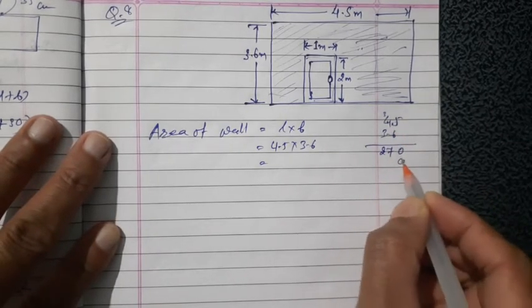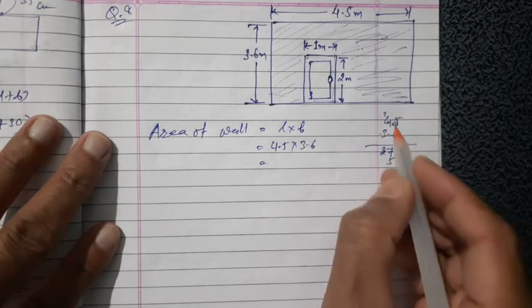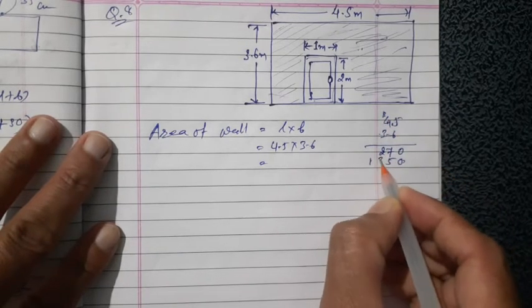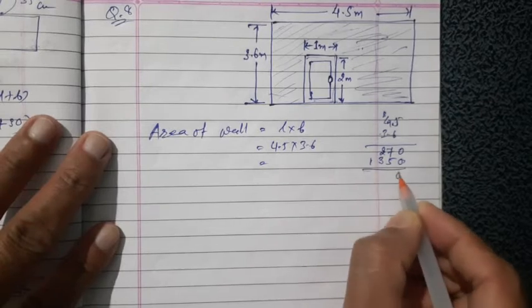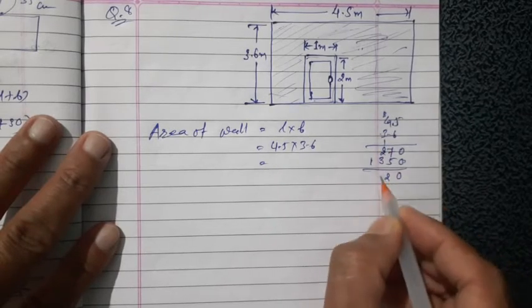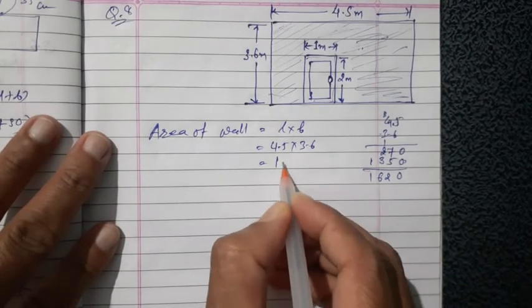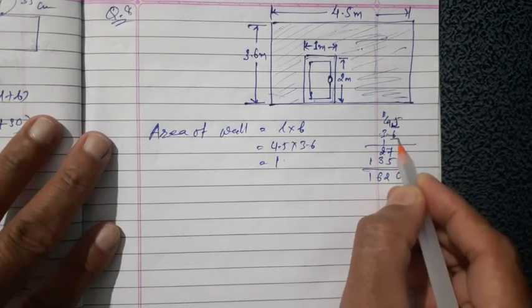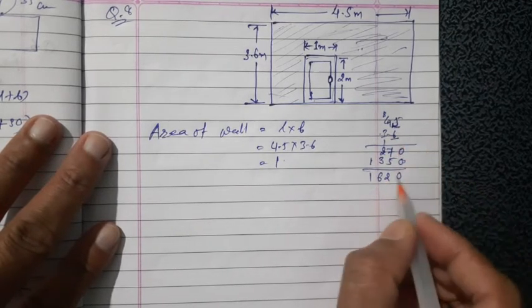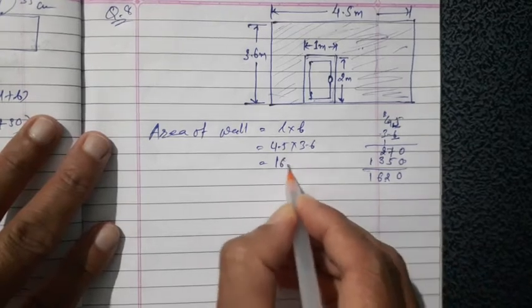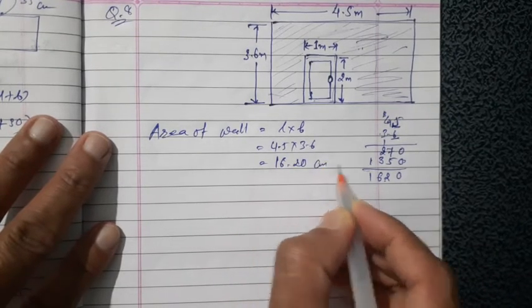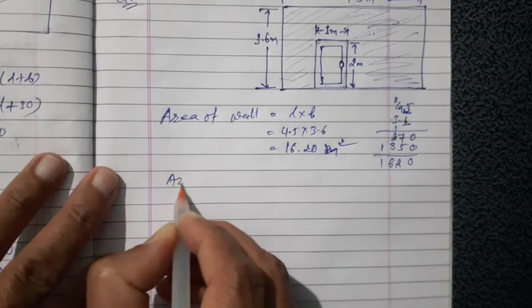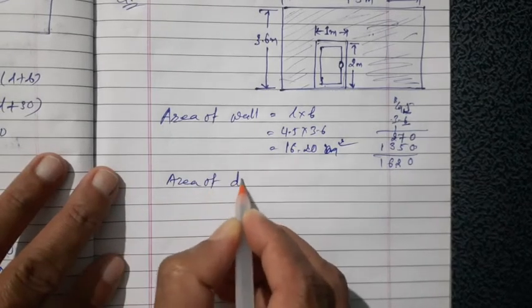Now 0 below, 3 5s are 15, 3 4s are 12 and 1 is 13. Adding, we get 1620. There is 1 digit after the decimal in each number, so put the decimal in the answer: 16.20 meter square.